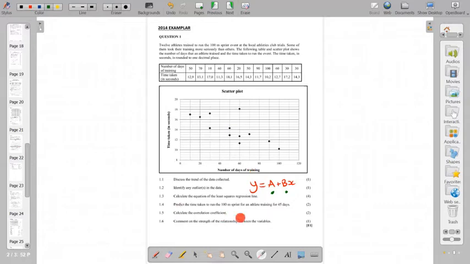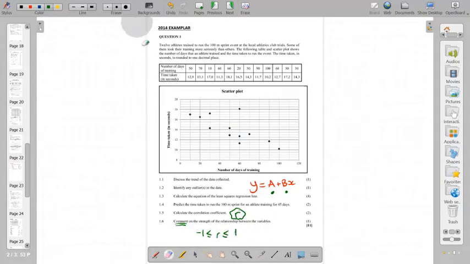Now, the correlation coefficient, which is R. Again, those A, B, and R values are determined from the calculator. And how can we comment on this R? Remember, R values are between -1 and 1. If it is closer to 1 or -1, that's stronger. If it is closer to 0, that's weaker. Now, what does stronger and weaker mean?